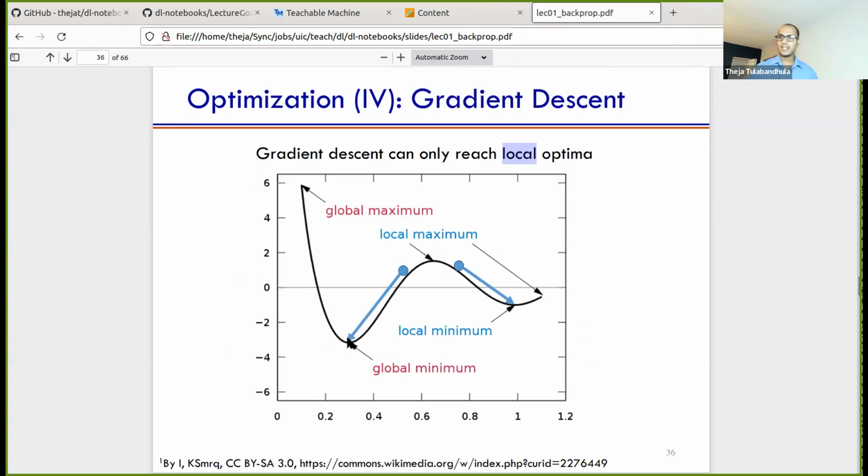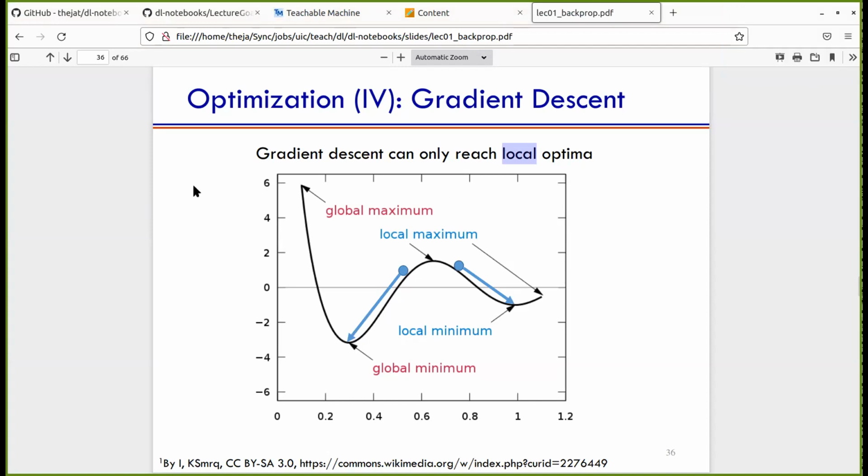Any questions about gradient descent? Professor, I have a question.